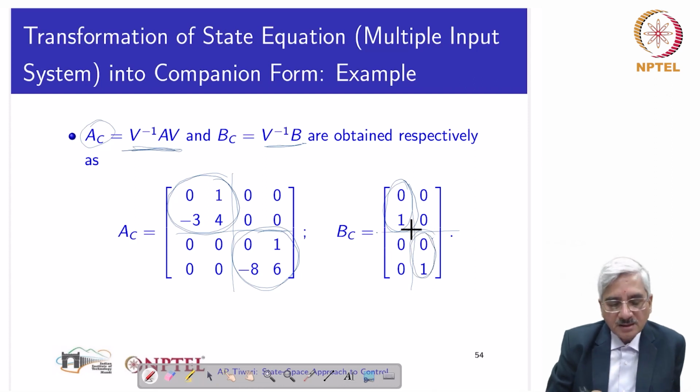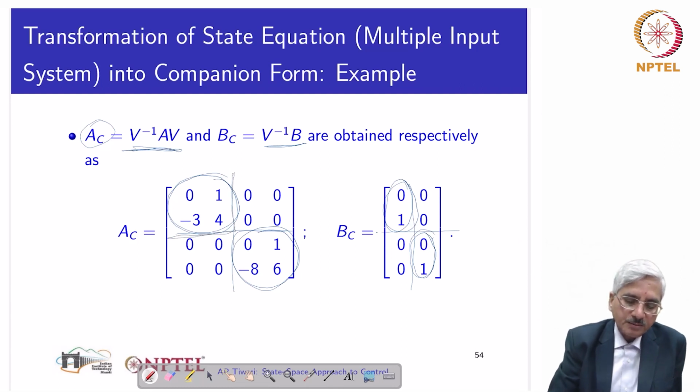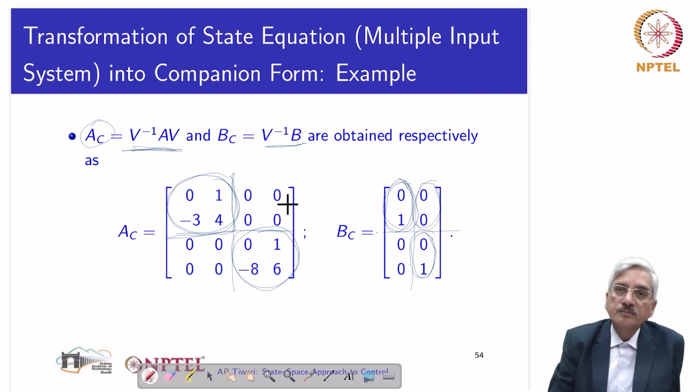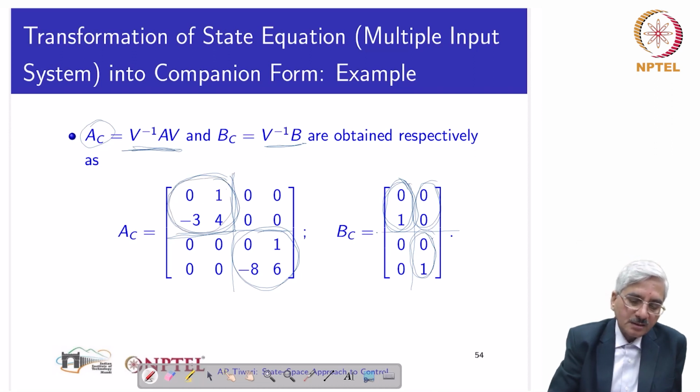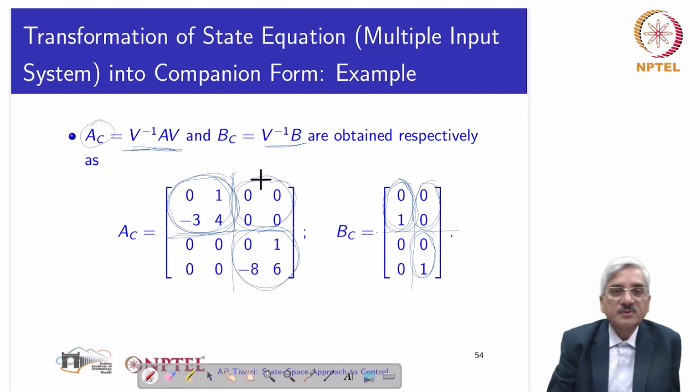Now this example was very nicely made so that each input has a controllability index of 2, and so, by applying this method, we get a transformation to companion form in which each of the transformed systems appears as a single input system. The contribution of input 2 here is 0. And also these states do not depend on the remaining two states, they are zeros.